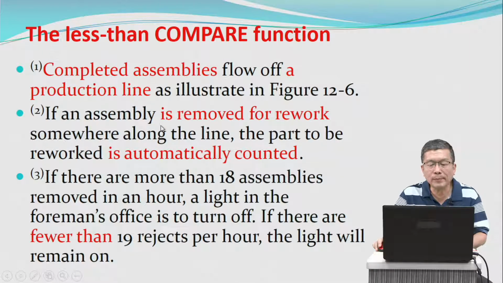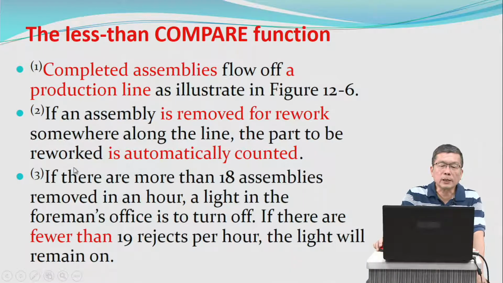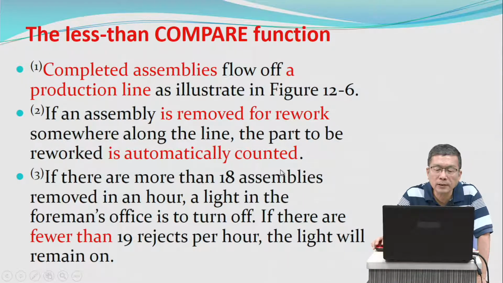If an assembly is removed for rework somewhere along the line, the part to be reworked is automatically counted. If there are more than 18 assemblies removed in an hour, the light in the foreman's office is to turn off.